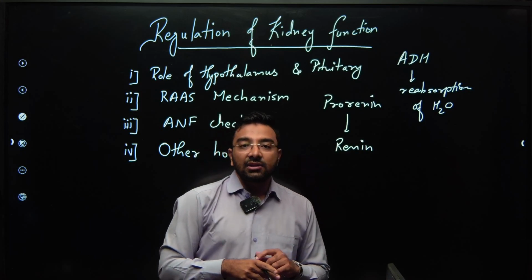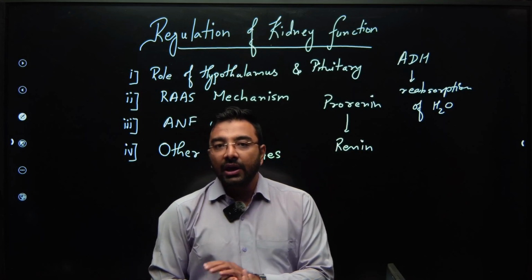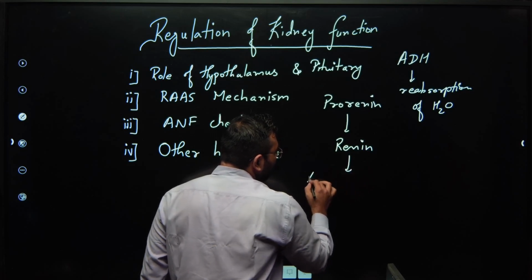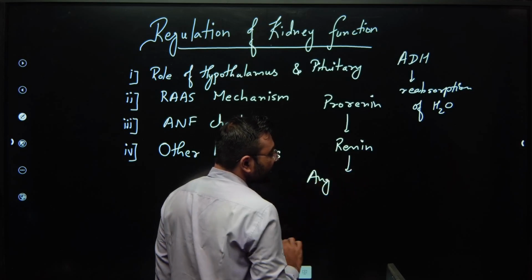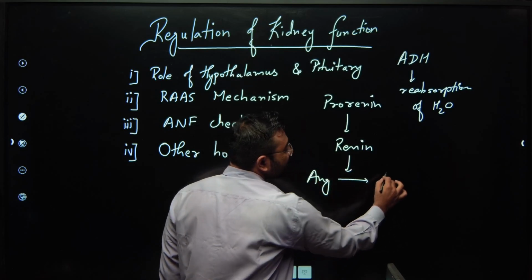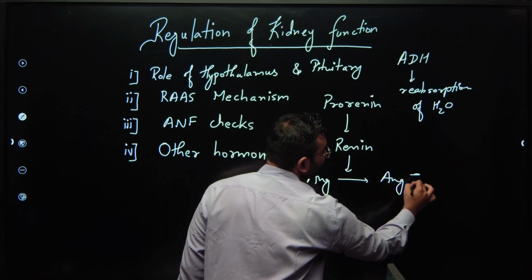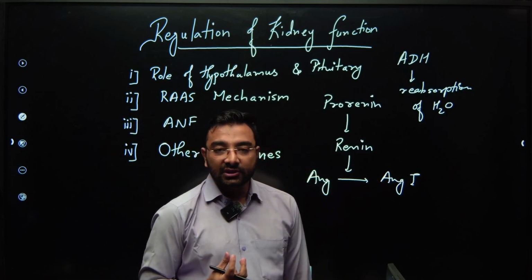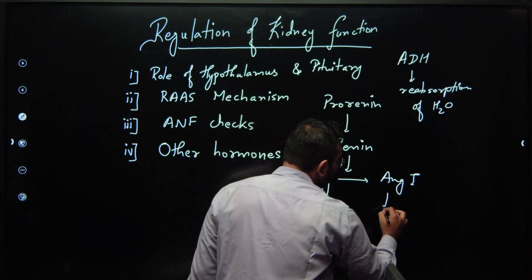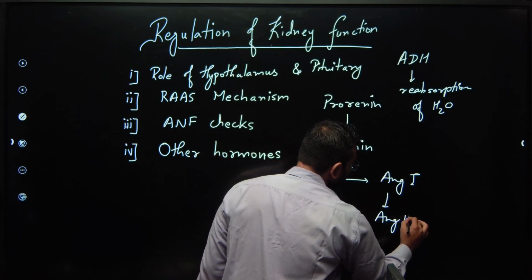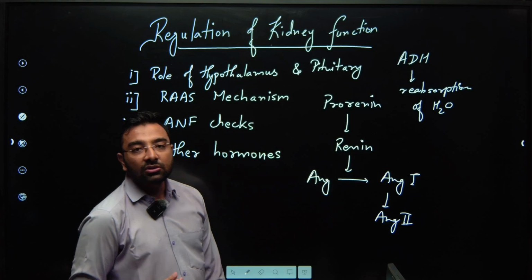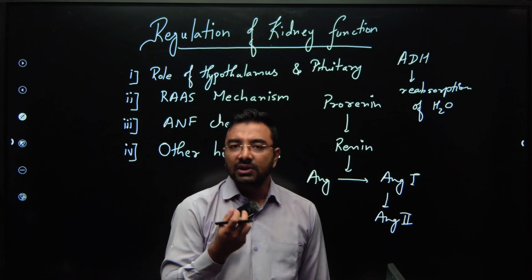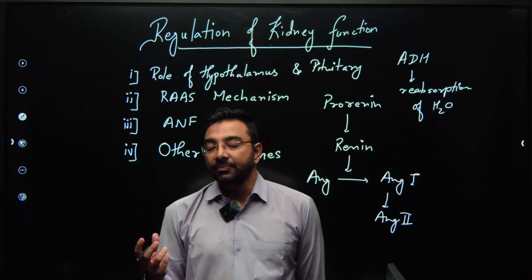This renin in turn enters the bloodstream, and inside the bloodstream it converts a large protein called angiotensinogen into its first active form, that is angiotensin 1. This angiotensin 1 is further converted to angiotensin 2 by the action of angiotensin converting enzyme, or in short ACE.